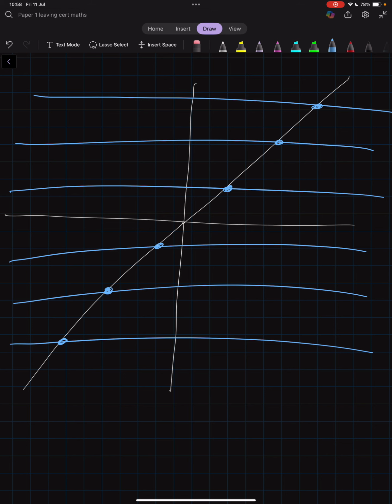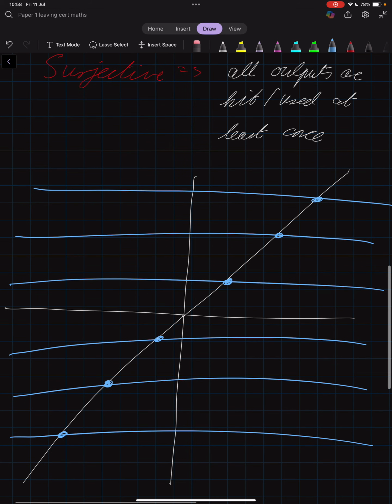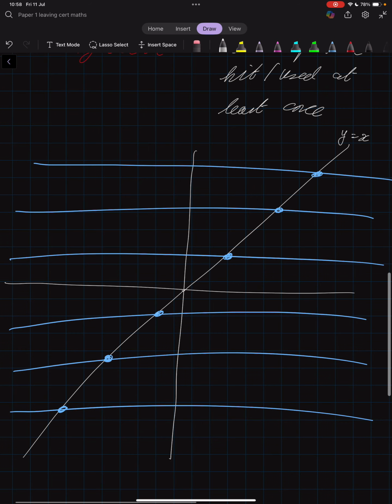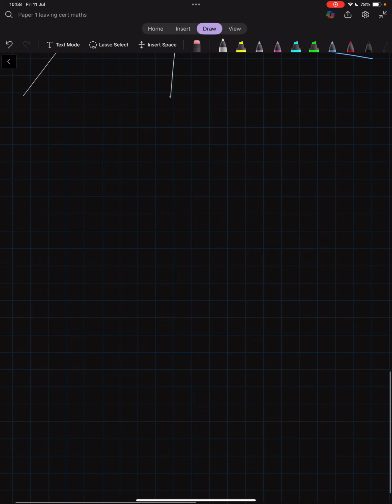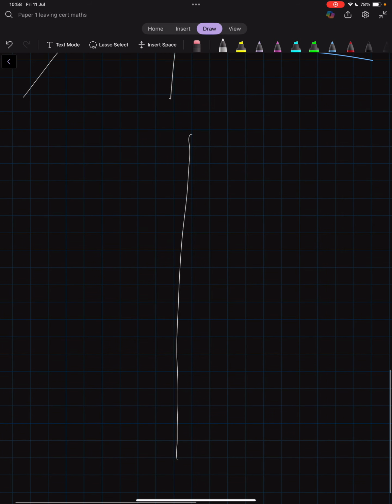And here I hit it exactly once, for all of them. So it doesn't matter if you hit it 20 times or 30 times, you just have to hit it at least once.